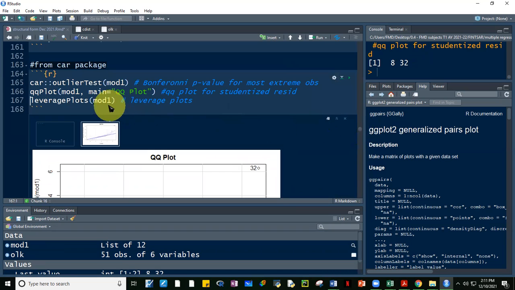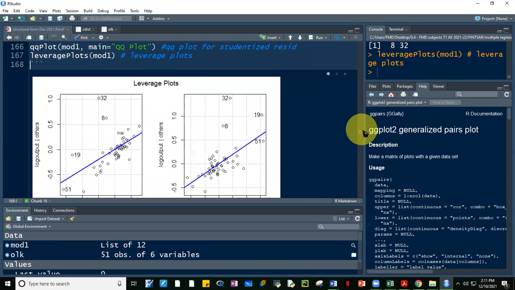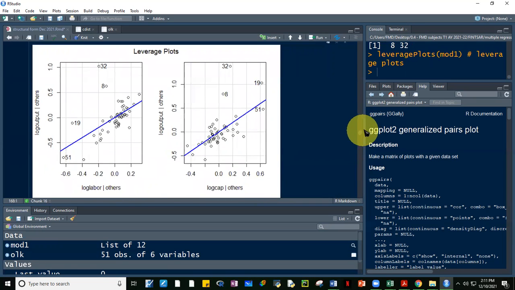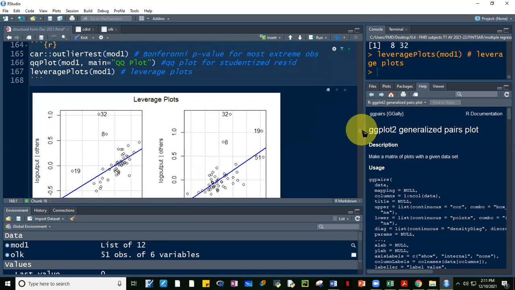Okay, and then leverage plots, guys. Leverage, what is this? We have outliers, we have leverage points, and we have influential points.